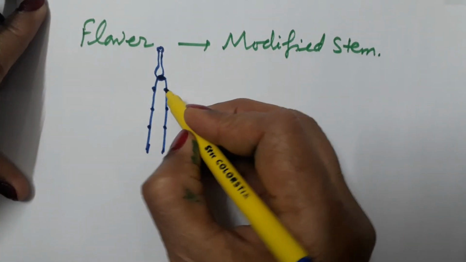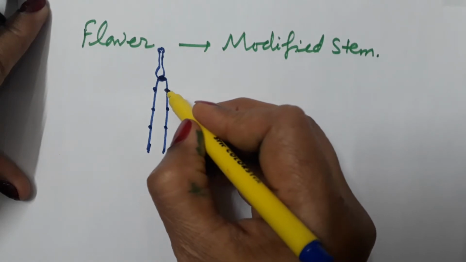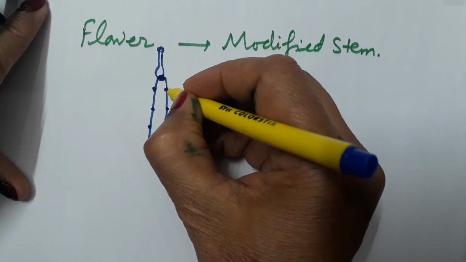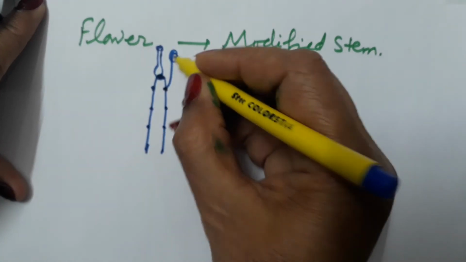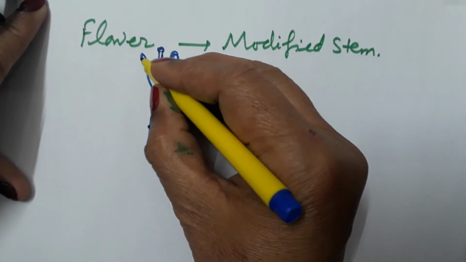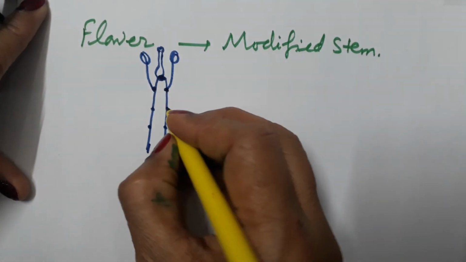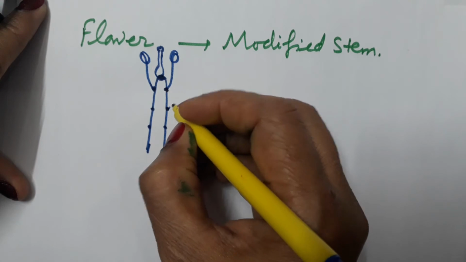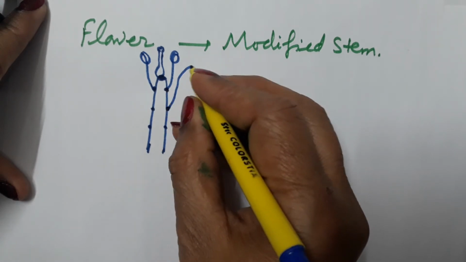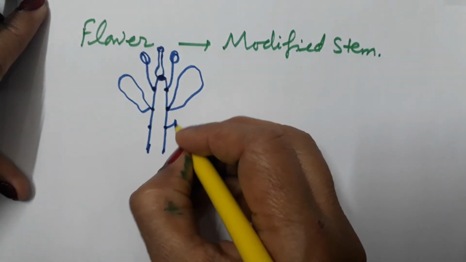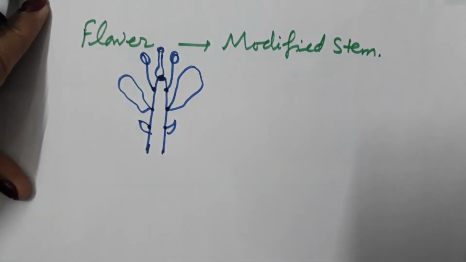Adjacent to the apical part, on this node, second floral leaves, that is anther and filament constitute the stamen, and adjacent to this another floral leaves, that is petals are produced, and next to it sepals are produced.